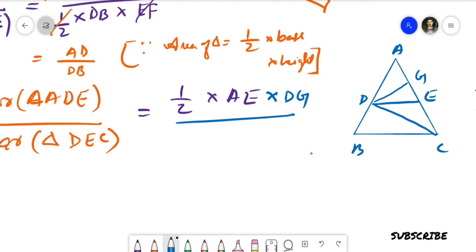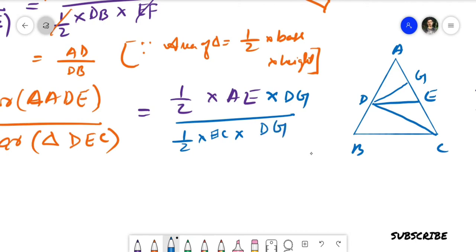Now DEC inside this triangle. So base will be again this, half into EC into, and DG is your height, isn't it? Height will be the same, so we can say DG.